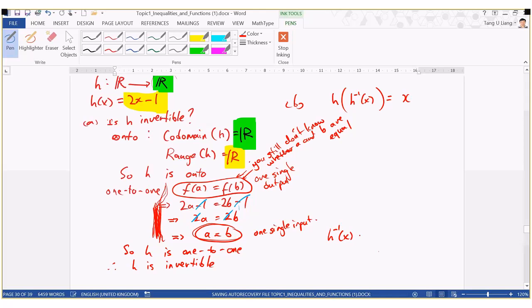Bring over the minus 1, so that becomes x plus 1, and then you divide that by 2. So this is the answer. H inverse is not 1 over 2x minus 1. It's x plus 1 over 2.